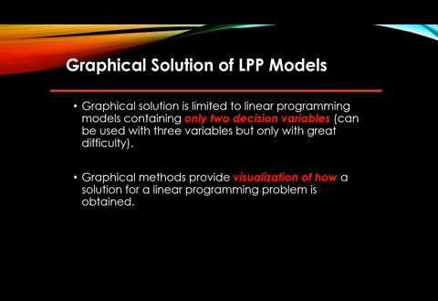With more than two decision variables, your graph sheet will not support, because your graph sheet is only two-dimensional. Therefore, if you have two variables, you can solve in 2D. So the graphical solution procedure can be applied only when we have two decision variables.